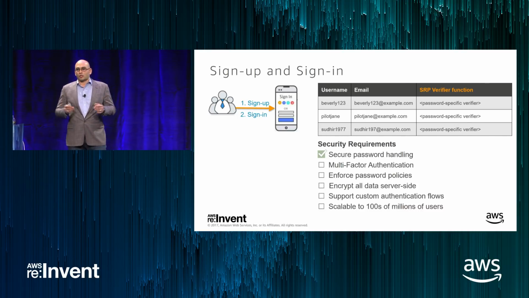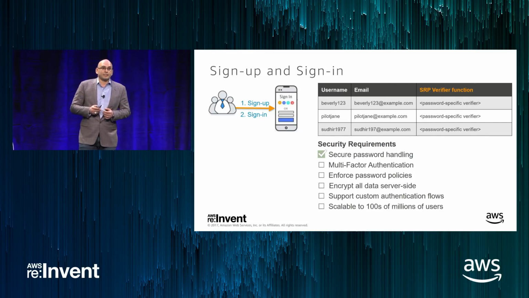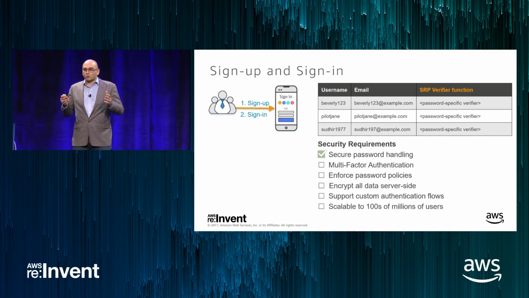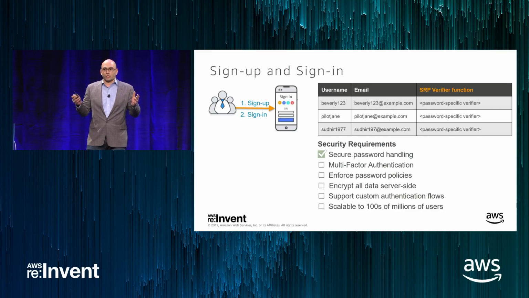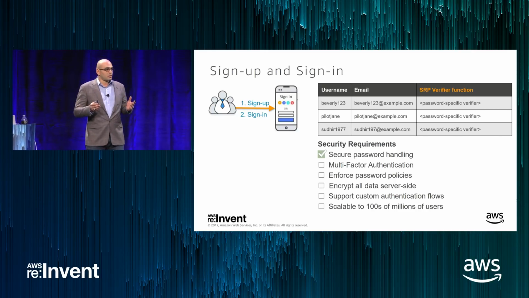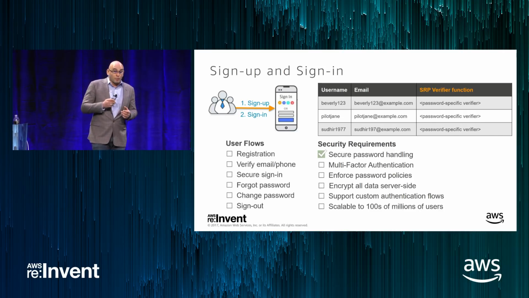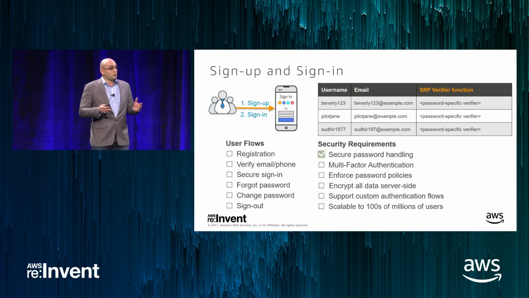Well, now that we've settled on how you're going to actually take care of the passwords, what about the other requirements, such as multi-factor authentication? How about enforcing password policies or encrypting data on the backend? And what about other authentication flows, such as, let's say, including CAPTCHA, for example? And what if all of a sudden this application becomes so popular that you want to scale it out to hundreds of millions of users? On top of that, what about the user flows?